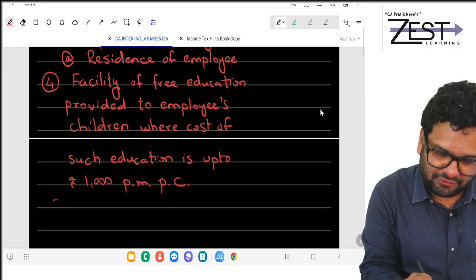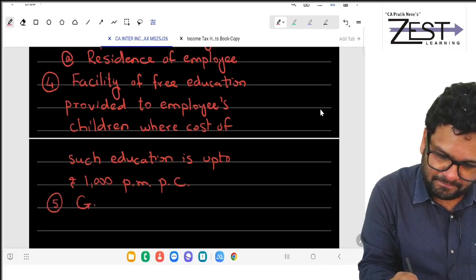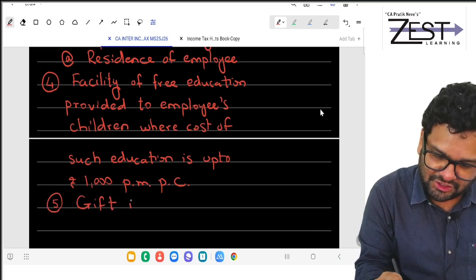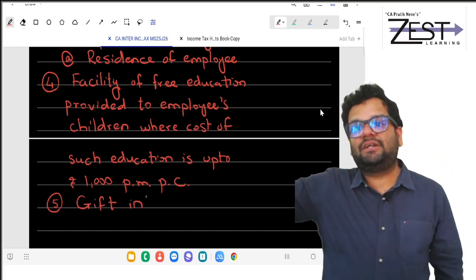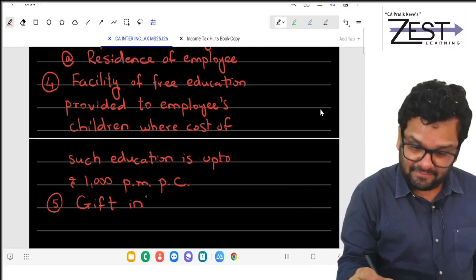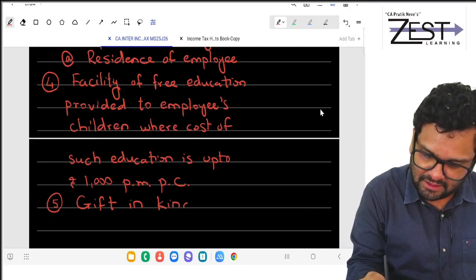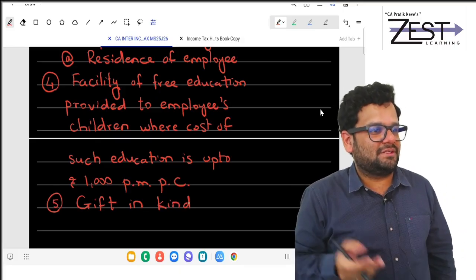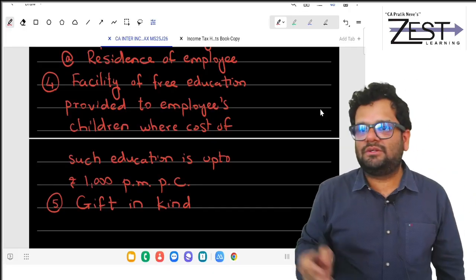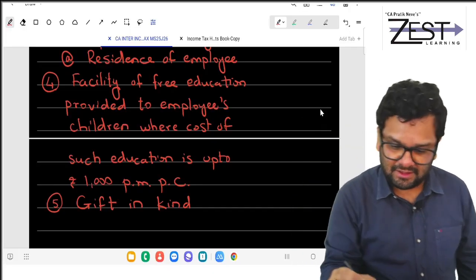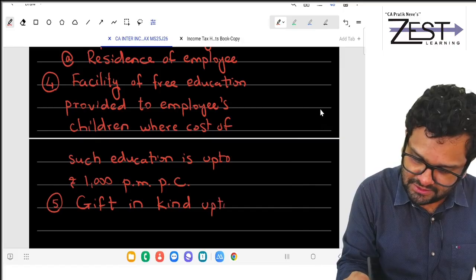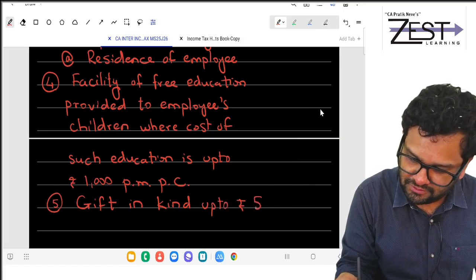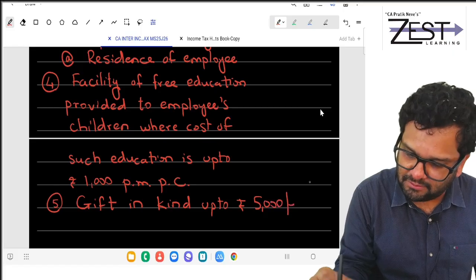Fifth, gift. But which gift? Gift not in cash. Gift in cash will be a monetary benefit. Gift in kind means anything: match tickets, gold jewelry, washing machine, fridge, whatever.